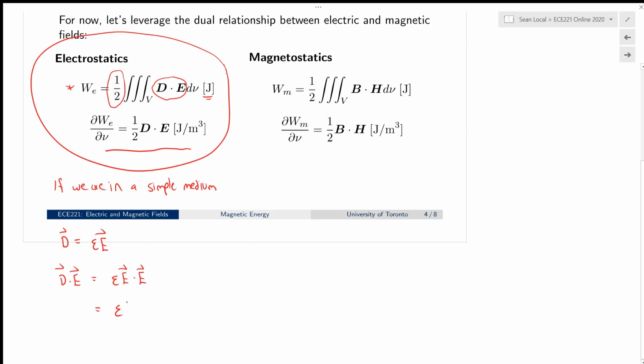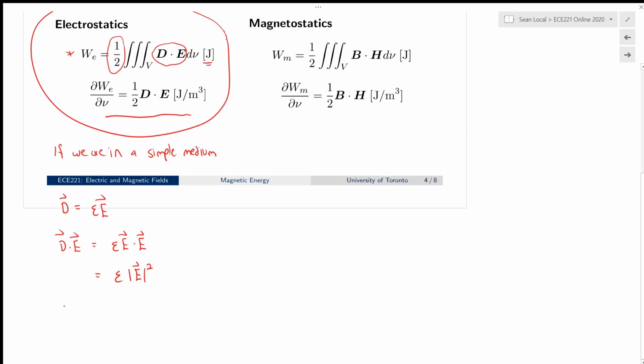And so this is the same thing as epsilon times the length of E squared. So we have another expression for stored electric energy where we could just take the volume integral of epsilon times the length of E squared dV.